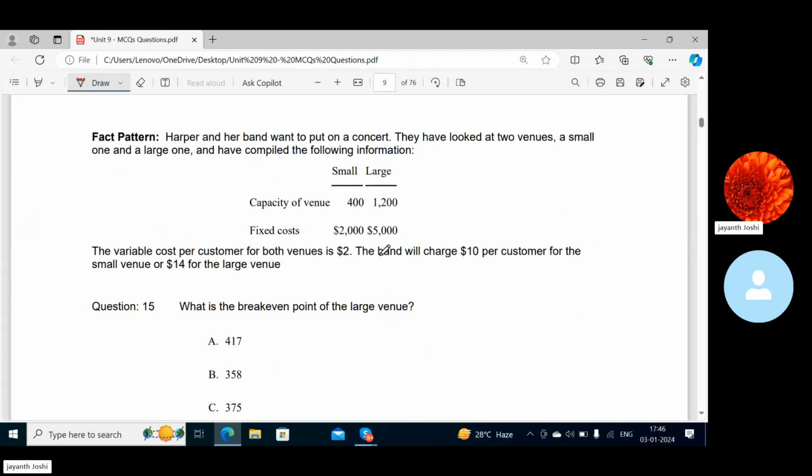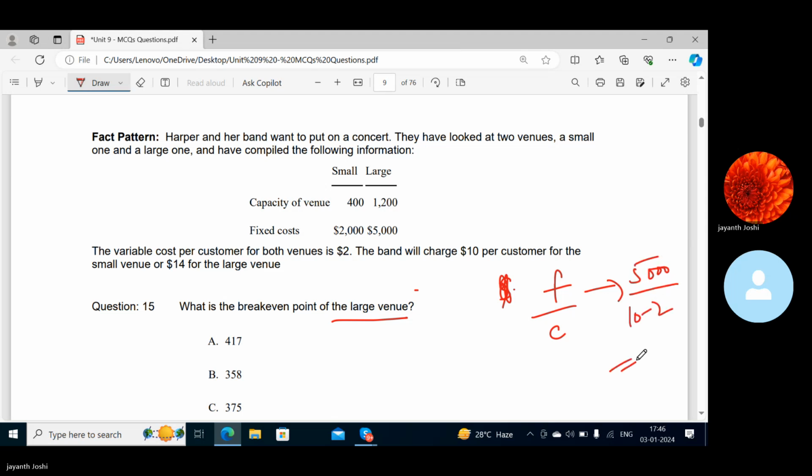Please work out this one: break-even point of large venue. So same formula, sales minus, fixed cost by contribution, right? Yes. Large venue fixed cost is 5,000. You have to just calculate and tell me.